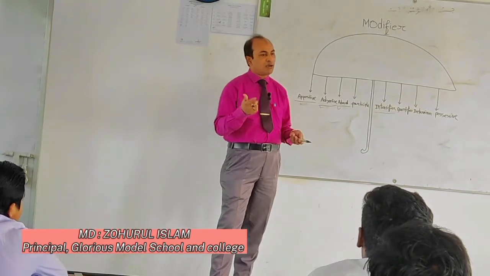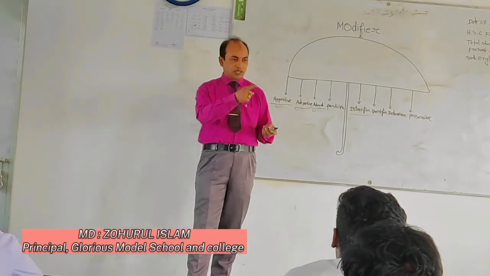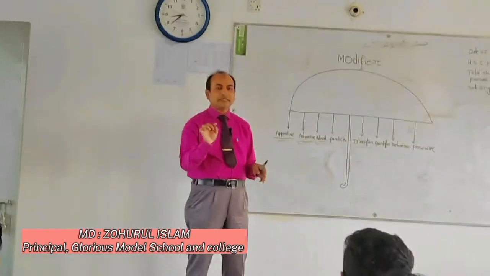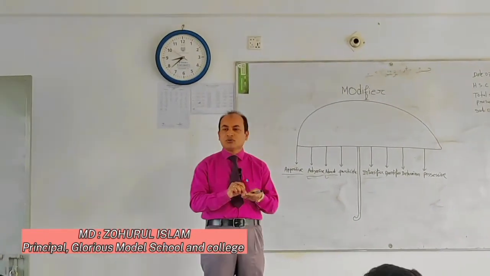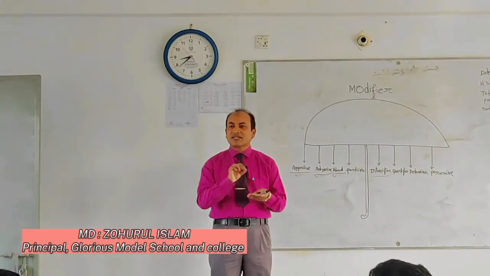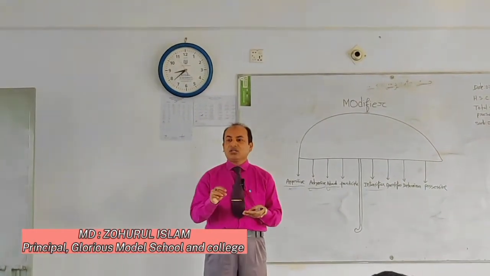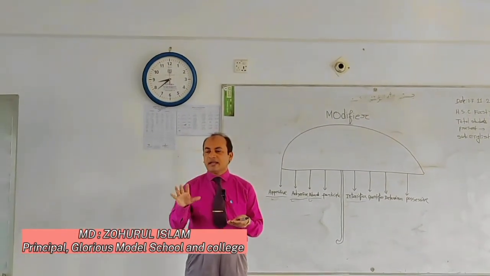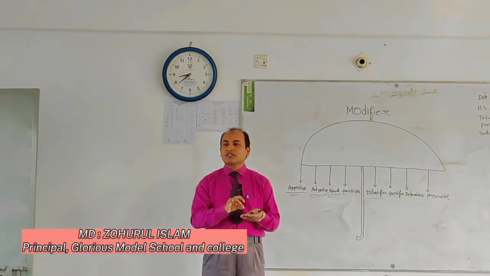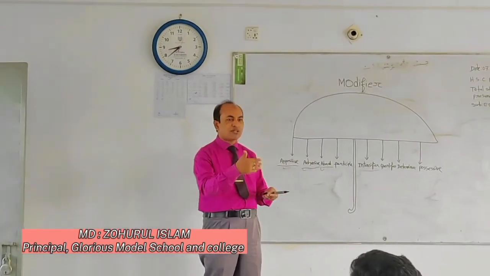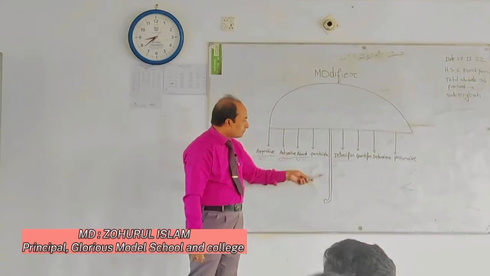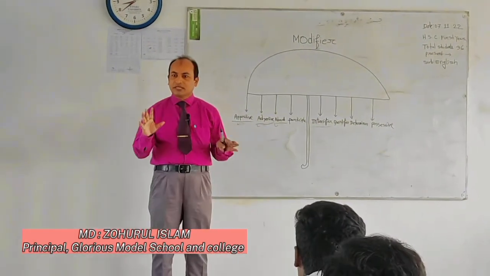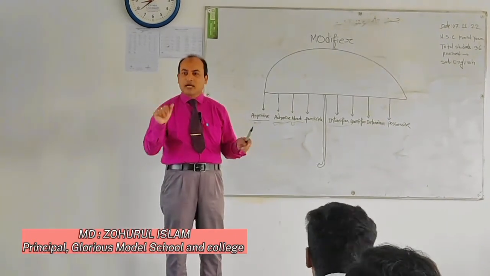When the word is used before a vowel sound, its pronunciation will be 'thee', and when it is used before a consonant, the pronunciation will be 'thuh'. It's very important for you to understand. So determiner means a, an, the.